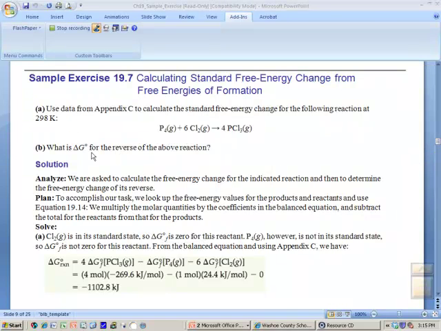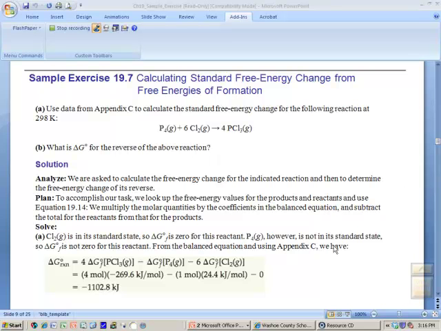Pretty simple. Hey, guys. What is delta G for the reverse of the above reaction? That would mean you would have to flip the equation over and make it products minus the reactants, right? So you got to think about that one. Be careful here.